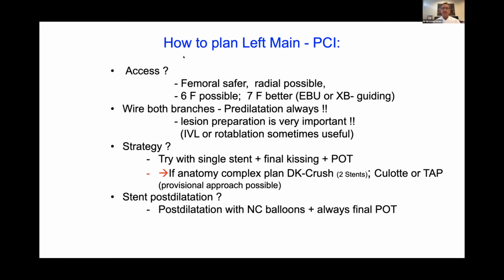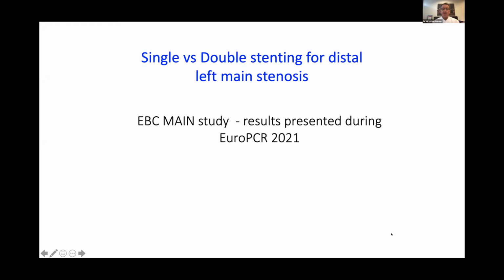You have to go with 7 French rather than 6, but 6 is possible. You need perfect lesion preparation. At least in Europe, you can use IVL, orbital atherectomy or rotablation, and especially if you have primarily complex anatomy, as Dr. Shaiban showed in his final slide, then you can go primarily with DK crush. Post-dilatation is extremely important.